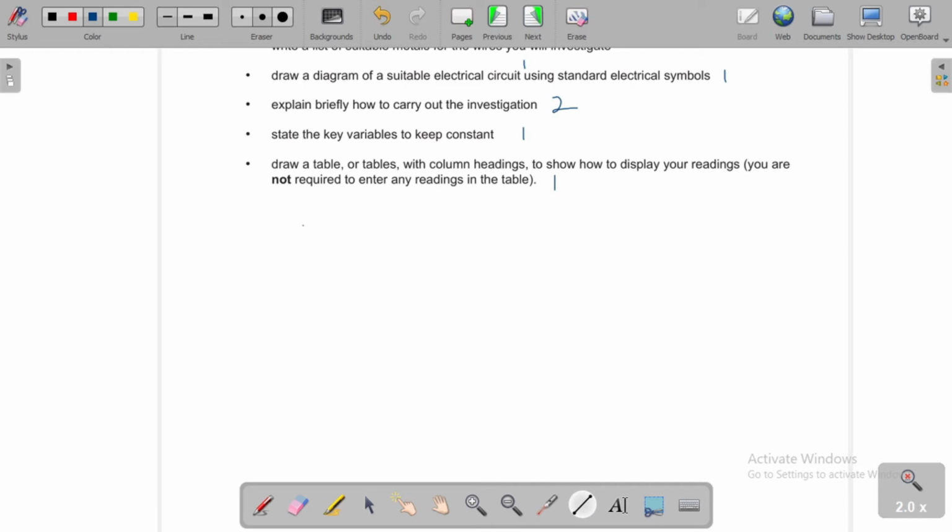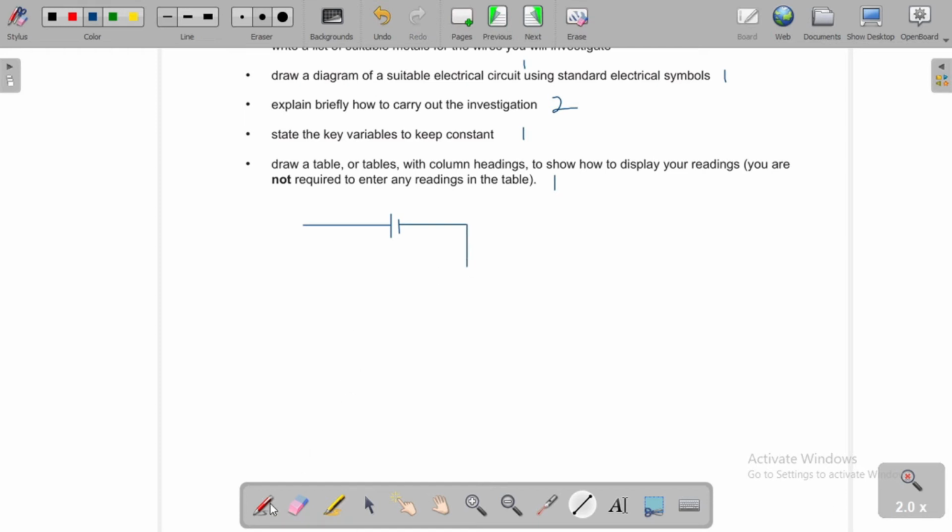Okay, let's have it this way. A line here, and another line here.